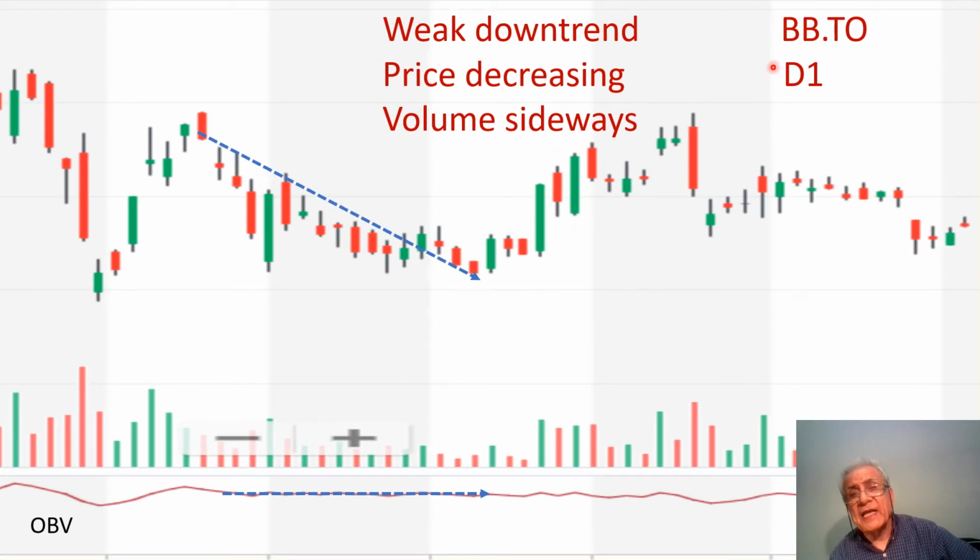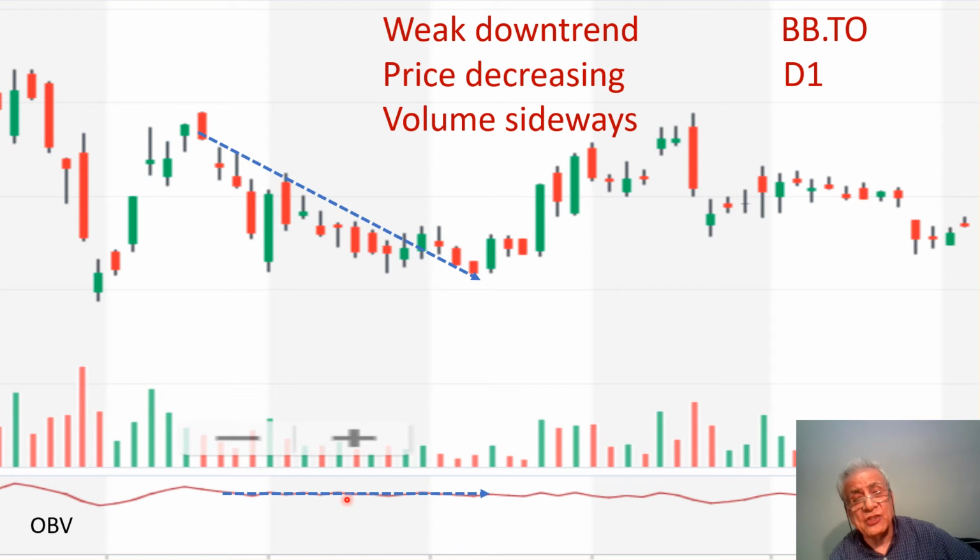This is Yahoo Finance, BB stock, D1 time frame. Each candle represents one day of trading. Now in this graph, we see the price is decreasing, and the volume is going sideways. This is the volume on the OBV curve, on balance volume. The curve shows that the volume is sideways on a straight line.